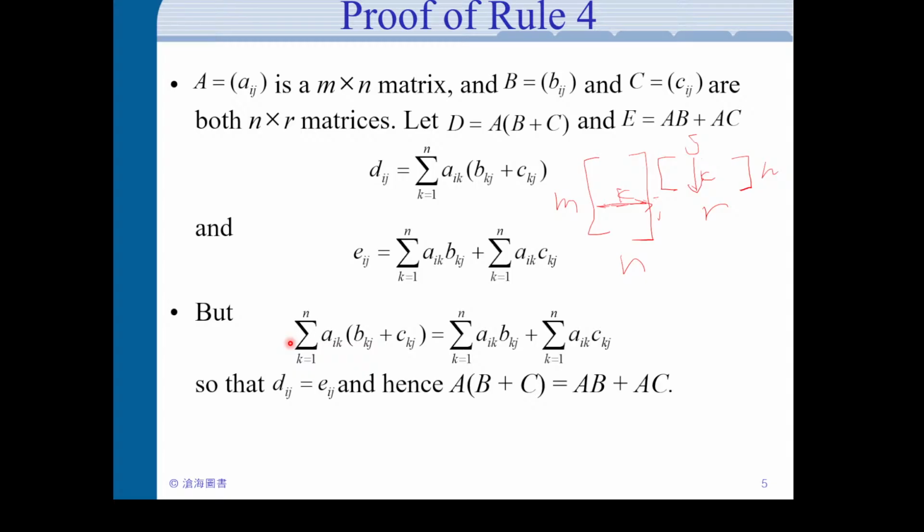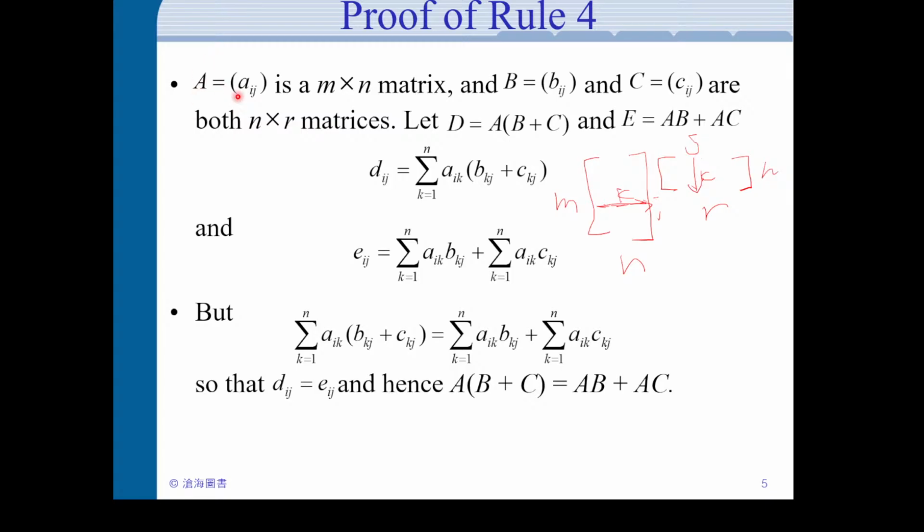And here we have a bit of proof. I guess the proof is here to make you familiar with this algebraic expression to do proofs. So let's say we have A, B, C, and now the notation is a bit annoying because we need a symbol for each matrix to write down its element.